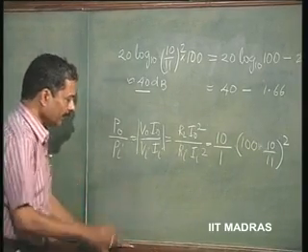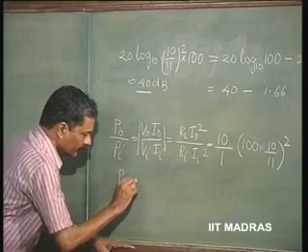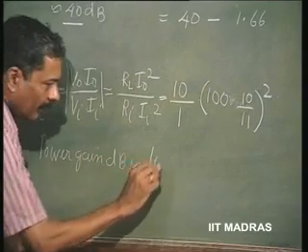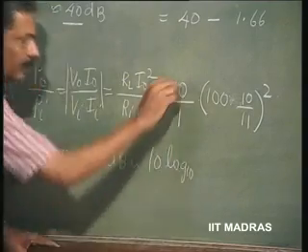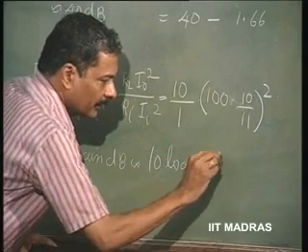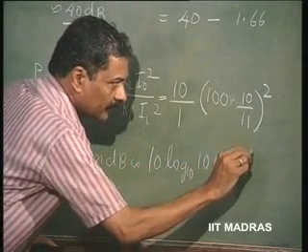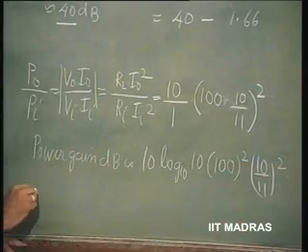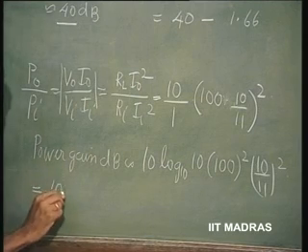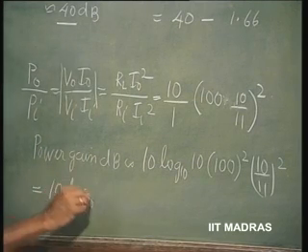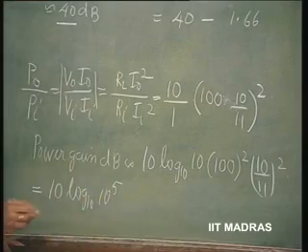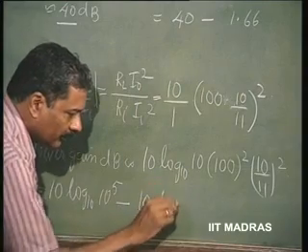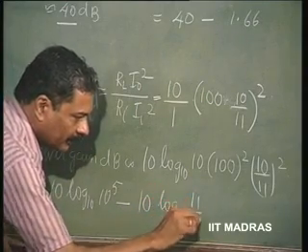So, power gain in decibels is 10 log base 10 of this factor, which is 10, okay, into 100 squared into 10 by 11 square, which is going to be equal to 10 log to the base 10, 10 to power 5 minus 10 log to the base 10, 11 by 10 square.